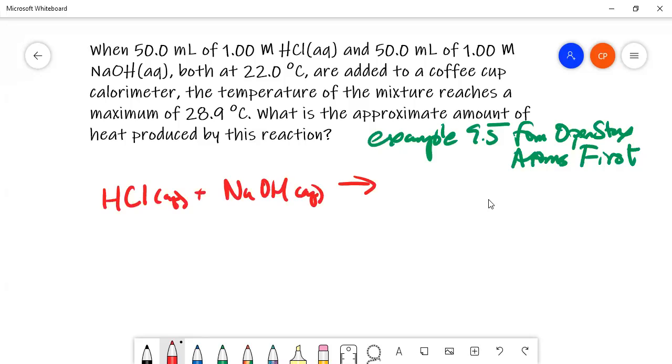Okay, sodium chloride, I'm going to totally take out and just drop it down there as aqueous salt. That's fine.